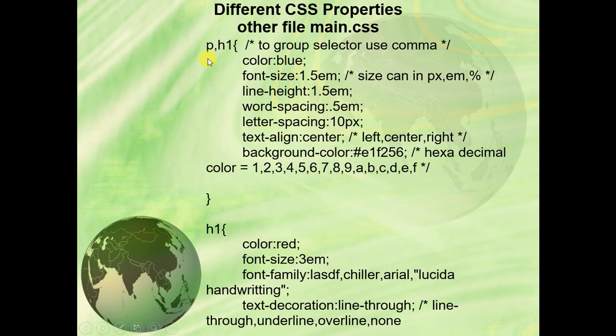When you want to apply the same properties to multiple selectors, you must insert a separating comma: p comma h1. To group selectors, use comma. Color is what? Blue. Font size, okay, that is the property. Font color is for both of them, paragraph and heading. Color is blue. Font size 1.5 em.